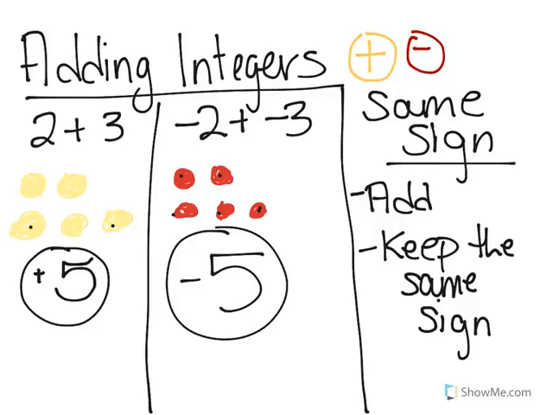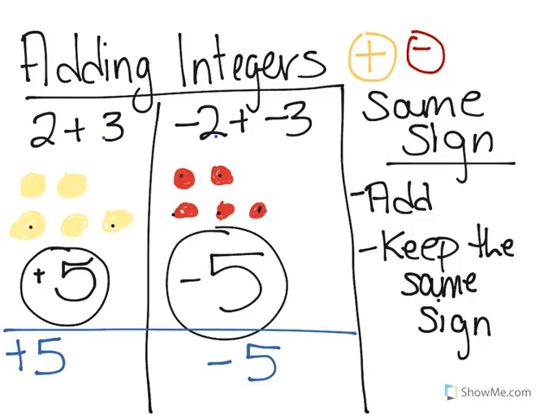Let me go back to this, but do it with math. 2 plus 3 is 5. They're a positive and a positive, so my answer is positive. 2 plus 3 is 5, but both of them are negative, so my answer is negative. They match. So this rule is correct.